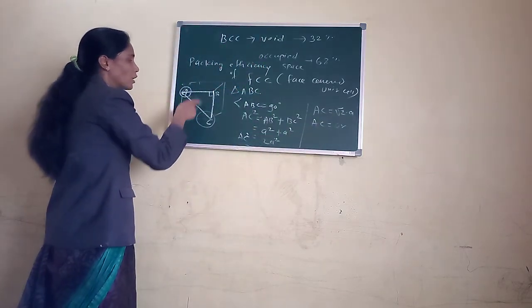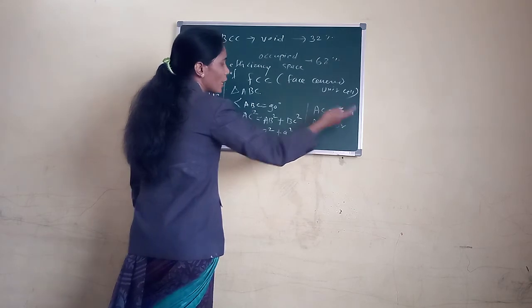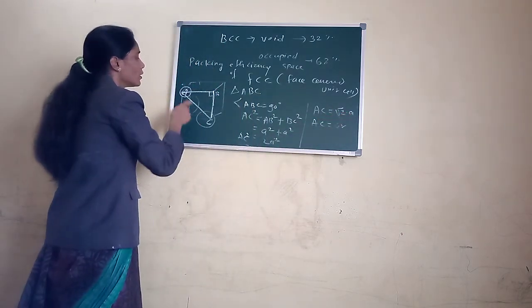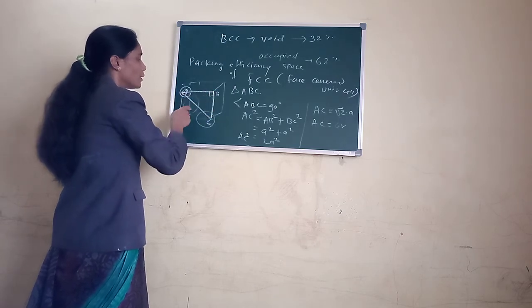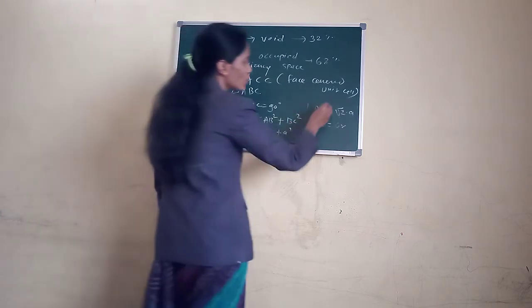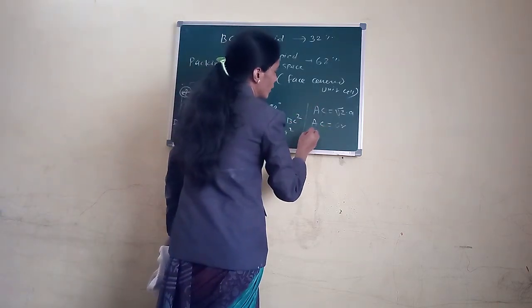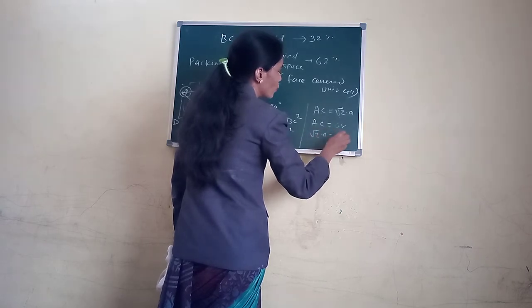By calculation AC is equal to root 2 into A, and from the diagram AC is 4R. Equating these two, root 2 A is equal to 4R.